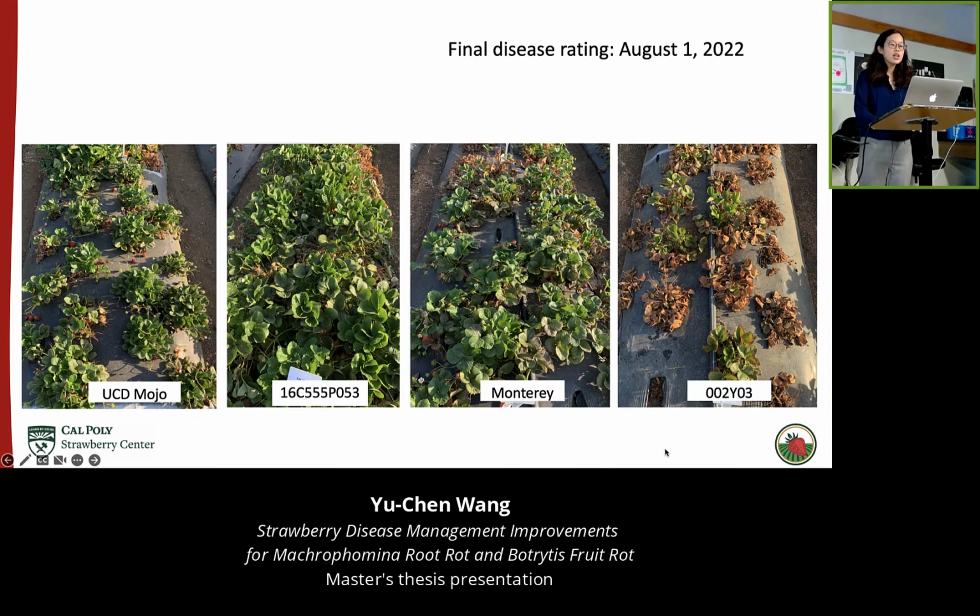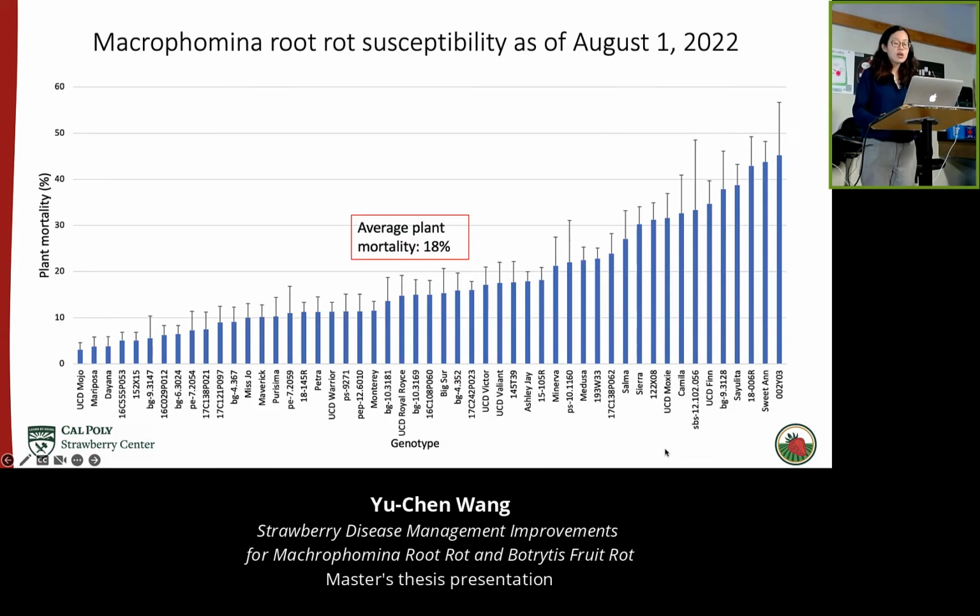For the other year, the final disease rating on August 2022, we see some cultivars showing more vigorous, more resistant looking plants here, and some cultivars looking susceptible here. Also, a wide range of susceptibility was found.